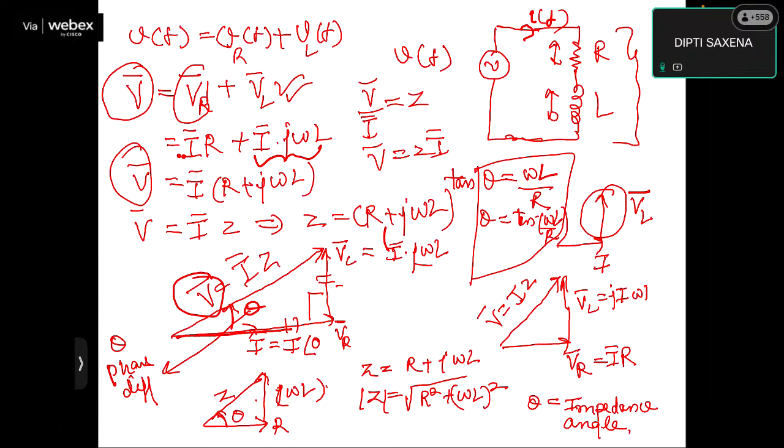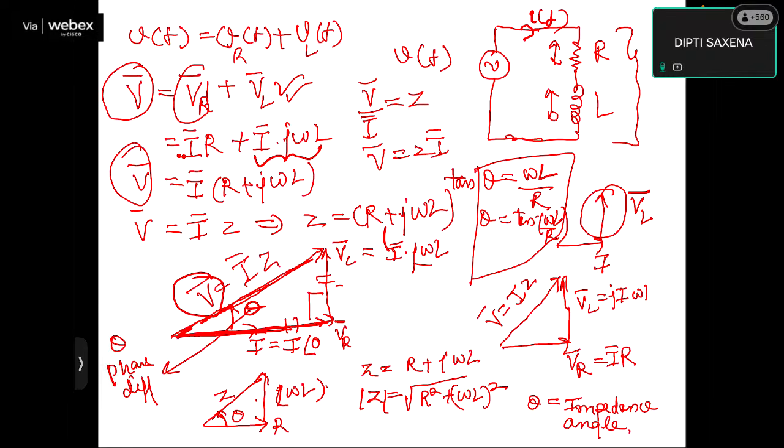Now can anybody tell, in an RL circuit, which term is lagging and which term is leading? What is the phasor relationship between voltage and current in an RL circuit? Look here, this line is your voltage and this line is your current.